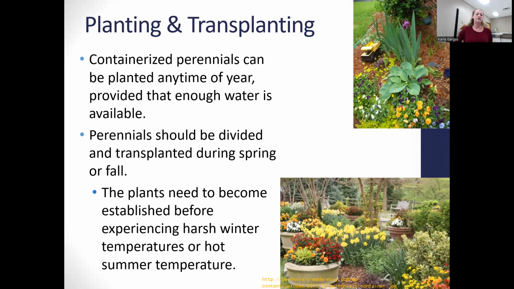If you've got warm season annuals in decorative pots right now, you'll want to start pulling them off or wait until the first frost. It's up to you. And then plant back with cool season. You can do your ornamental kales, your pansies, your snapdragons, things like that for over the winter months.